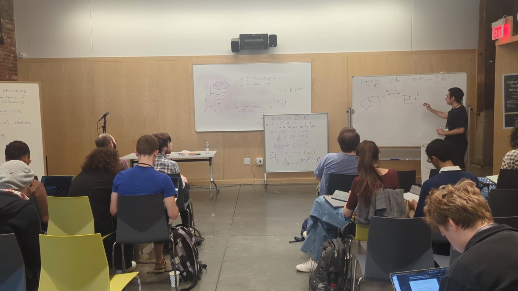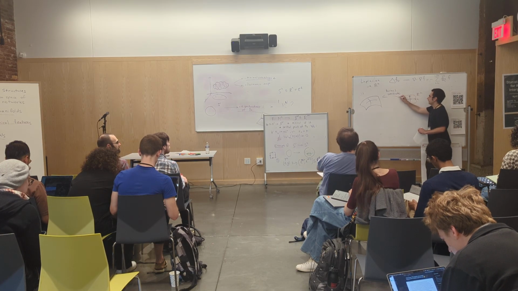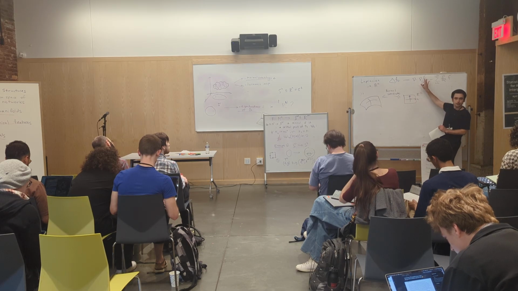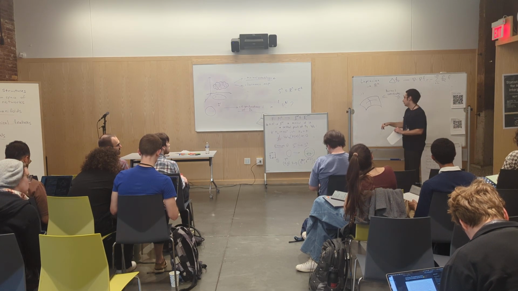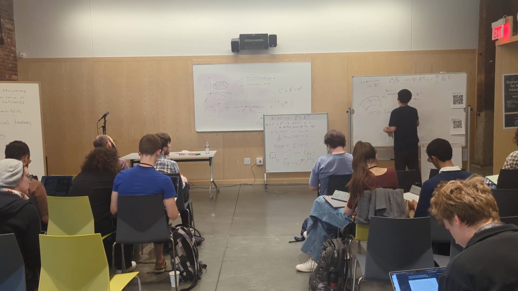And so you can define in such a chart the Laplacian of a function, when you map it back to Rn, to be the same as the Laplacian in Rn. And that gives you a local way of defining the Laplacian on the manifold.